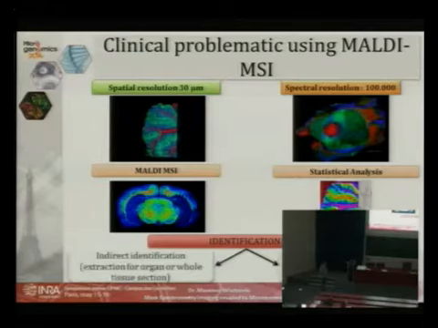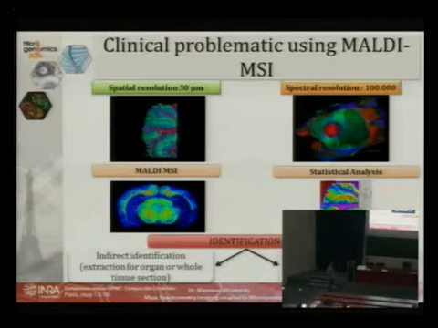But this is not possible for large proteins, and the most common way is to realize an indirect identification. That means an extraction of a whole organ or a whole tissue section. But in this case, there are two difficulties. The first one, you dilute your signals due to the most abundant proteins.